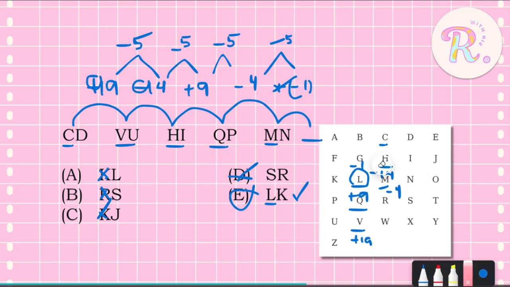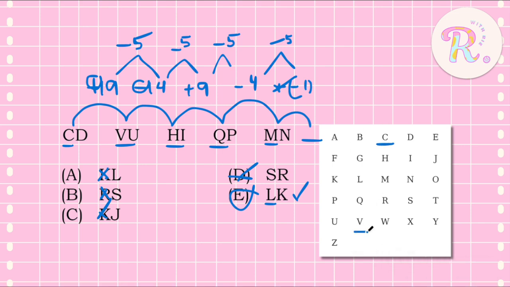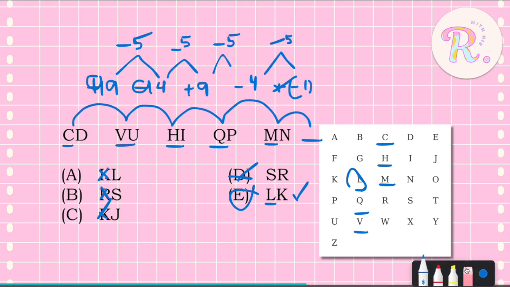Para makalat na siya, erase muna natin. Let's see how we can do it ninja moves, okay? As you can see, C is here, V is here, next is H, next is Q, oh, next is M, and then obviously next is L. So hindi na need mag-analyze arithmetically, okay? You could already see the patterns there.